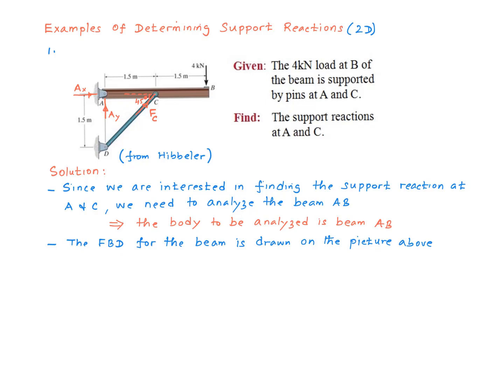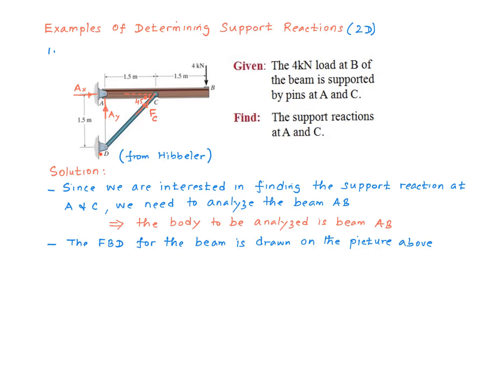CD is a two-force member and therefore the force coming from the two-force member to the beam is a force acting like this, right, along the length of the two-force member, and I'm calling that FC. This is a rigid member, so this force could be either a compression or a tension. We'll find that out after we solve, but for now I'm marking it in that direction.